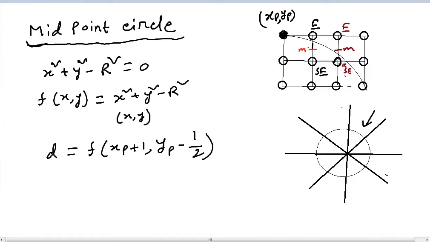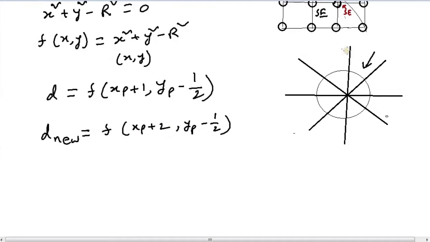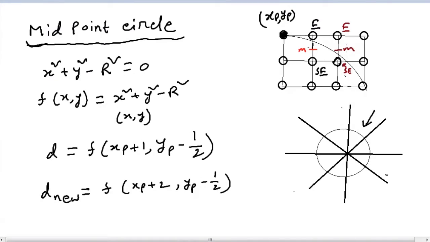So what would be the new equation for the midpoint? It would be d new equals f of xp plus 2, yp minus half. As you can see, it went 2 pixels to the right and about halfway downwards, with respect to xp, yp.